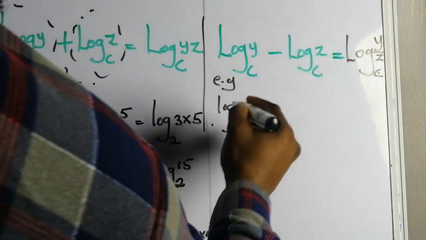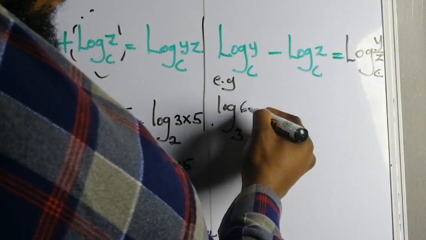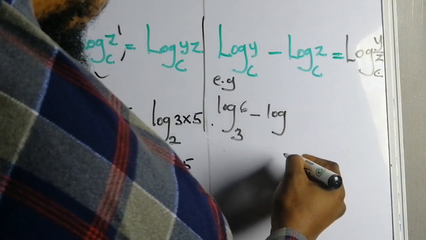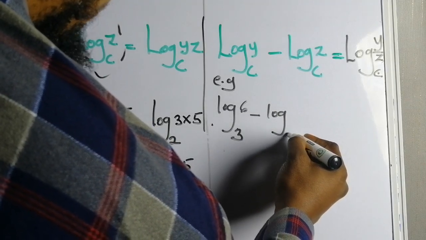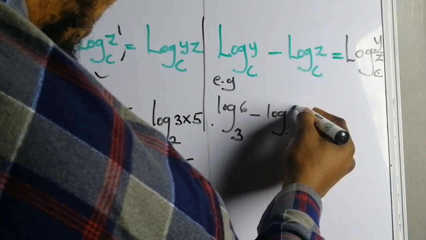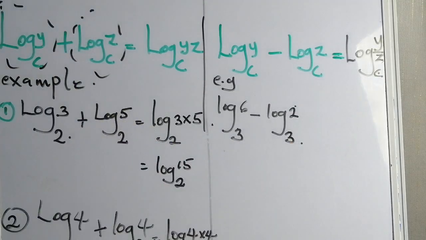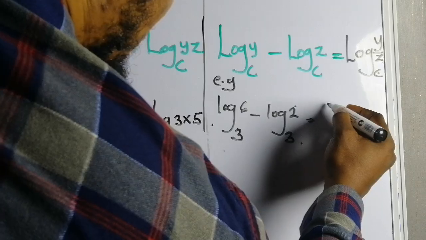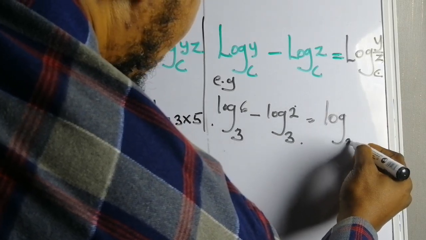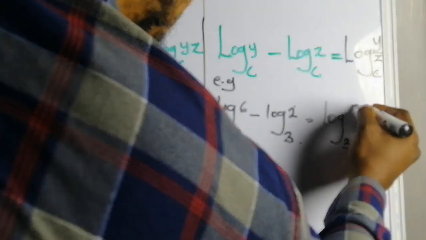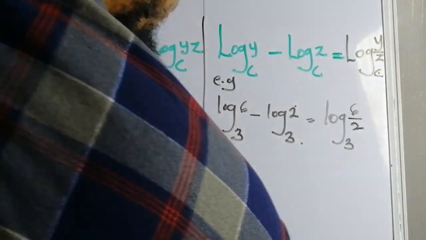Let's assume you have log 6 to base 3 minus log 2 to base 3. So at the end of the day, pick one log to base 3. What do you do to the value? You divide. That's 6 divided by 2.